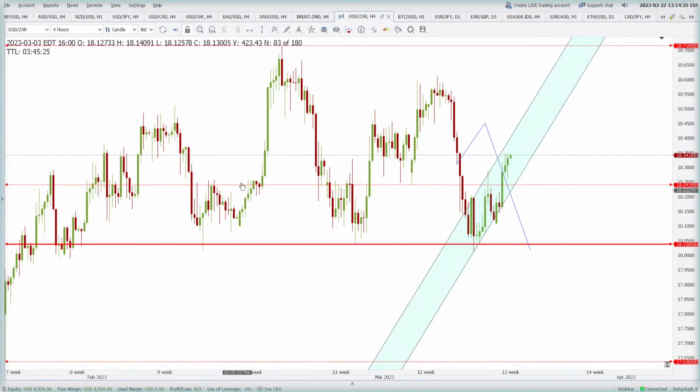You see, the market was making higher highs and higher lows earlier, but here something bad happened. In this sell-off, the market made a lower low than this low and then this low. This low is not relevant, but this low is relevant because after making this low, the market made a fresh high, which was higher than this high. So till now here, the market was making higher highs and higher lows.